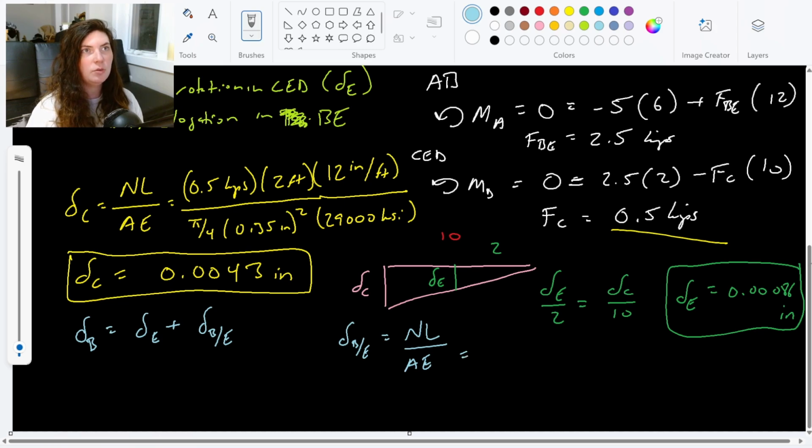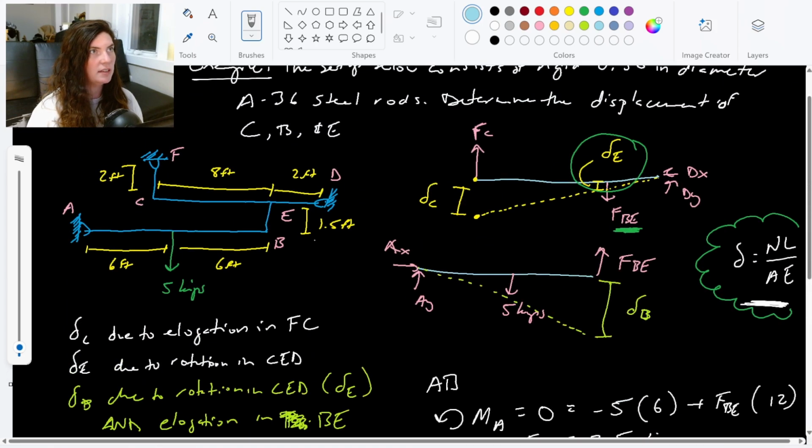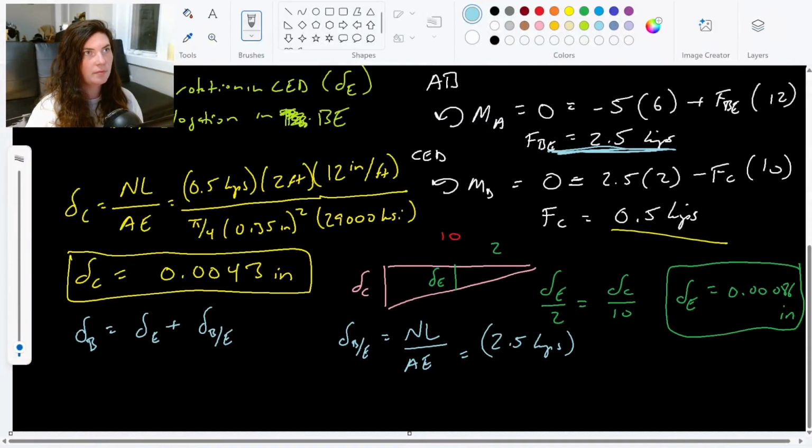We found already F_BE is that 2.5 kips, times the length of BE, which our problem gave us as 1.5 feet. Again, I'm going to do a unit conversion here, 12 inches in a foot. And then I'll just need that area and modulus of elasticity.